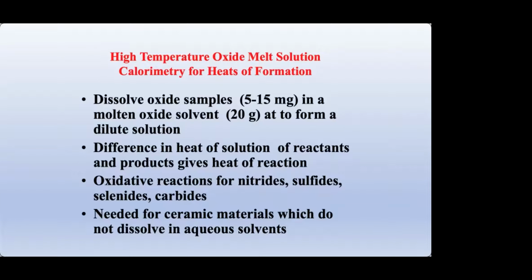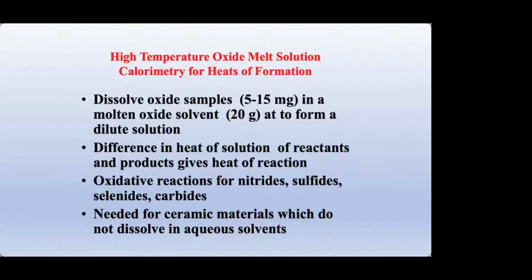So high temperature oxide melt solution calorimetry is the first and major technique that we use in my group. This is in a way the signature methodology of what was the Peter A. Rock Thermochemistry Lab at Davis and now is Thermo2, the Thermochemistry Lab at Arizona State.